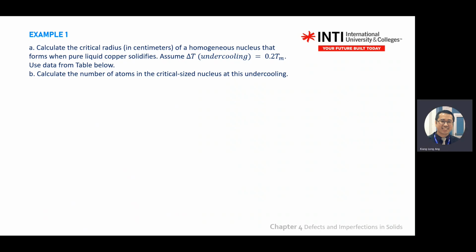Assume delta T undercooling is 0.2, or 2% of the melting temperature. Use the data in the table below. Then the second question is to calculate the number of atoms in a critical size nucleus at this undercooling. So you need to calculate how many atoms are at critical size at R star.